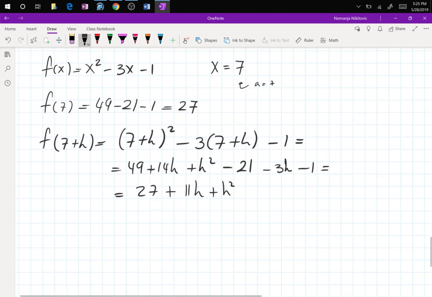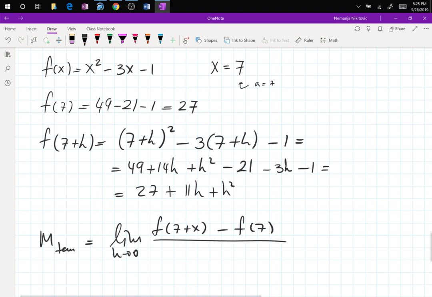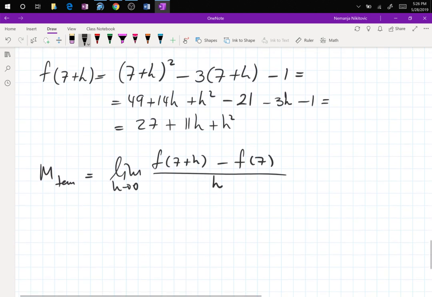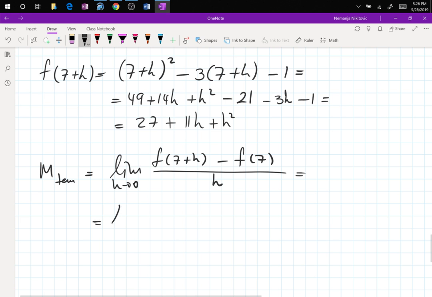So now, to calculate m tangent, we go limit, h goes to 0, of f of 7 plus h minus f of 7, divided by h, and we just plug in.